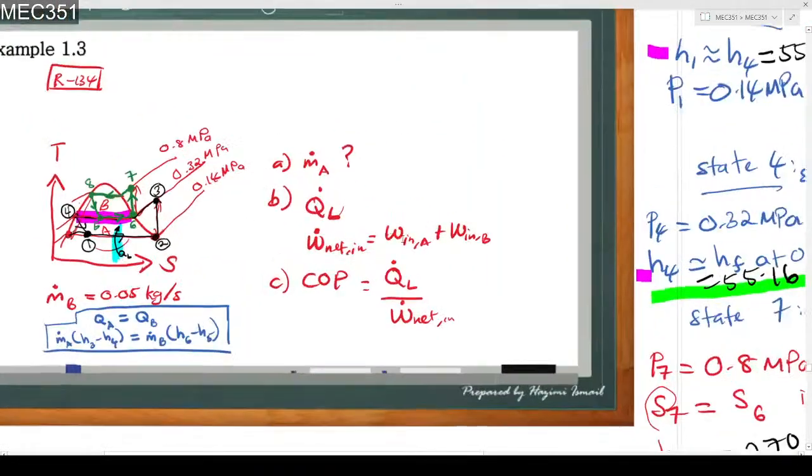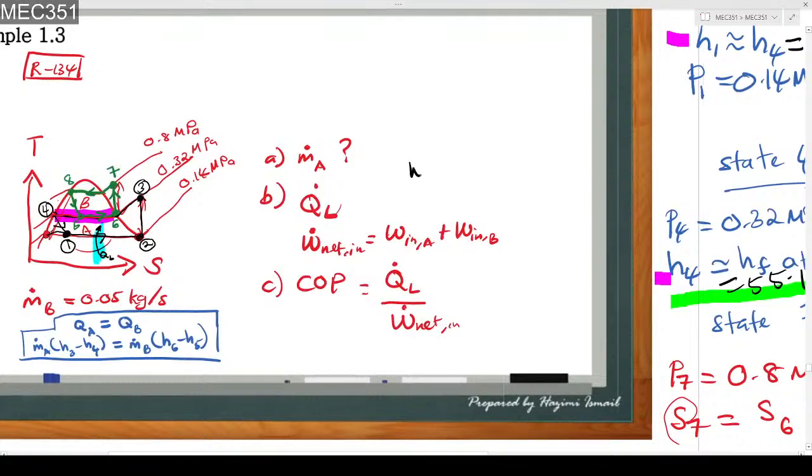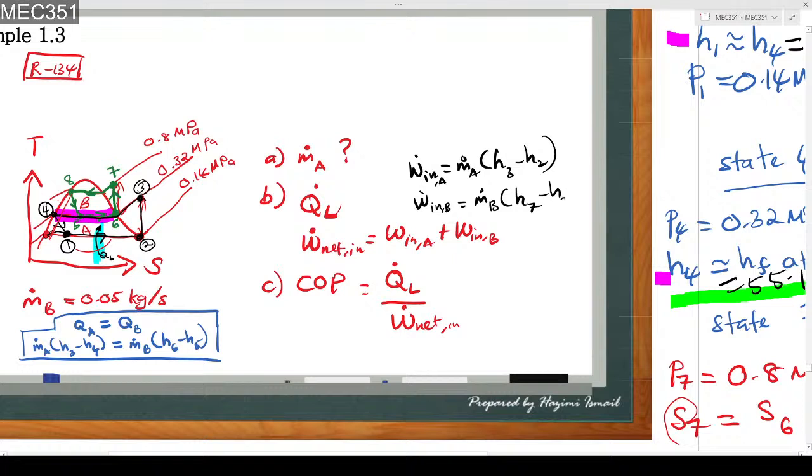So work in A sama dengan M dot A darab dengan 3 tolak 2, so H3 tolak H2, yang A. Kalau work in dekat B, M dot B, berlaku antara 7 dengan 6. Okay, so rumus ni lah kita pakai.